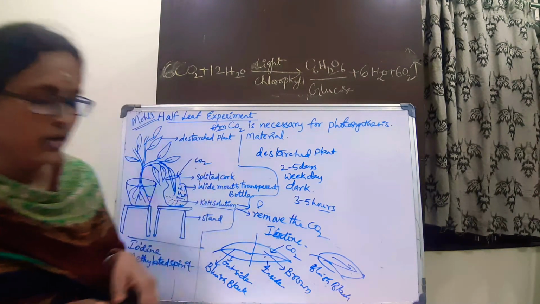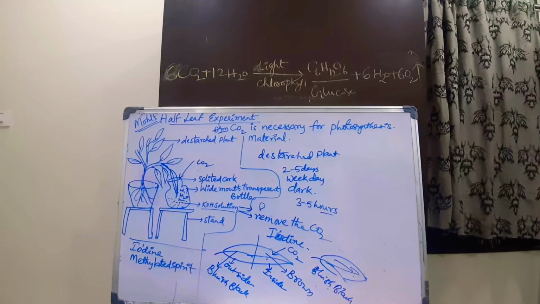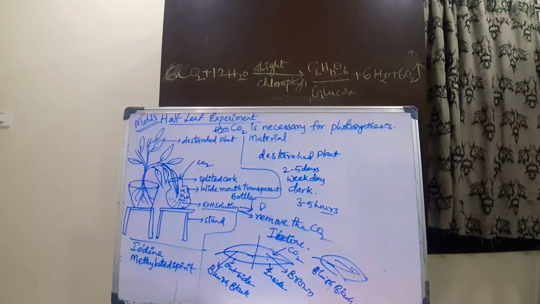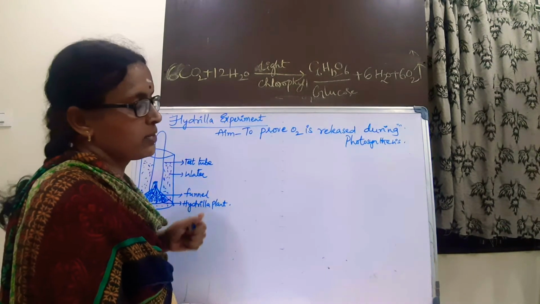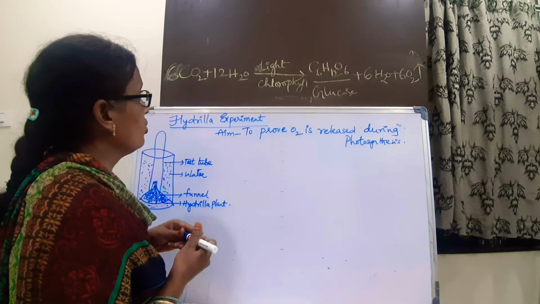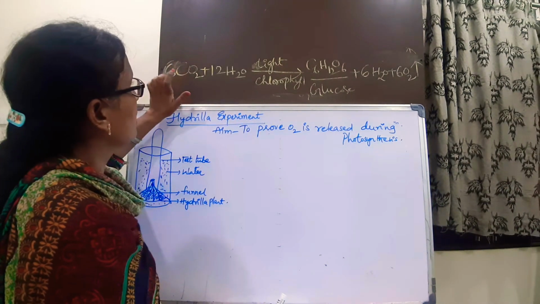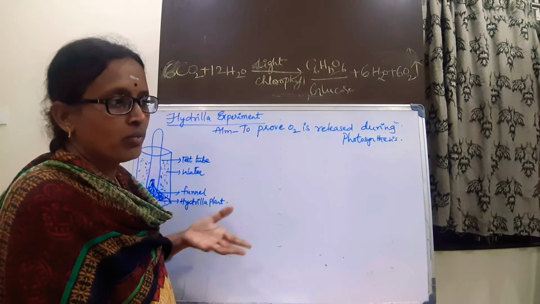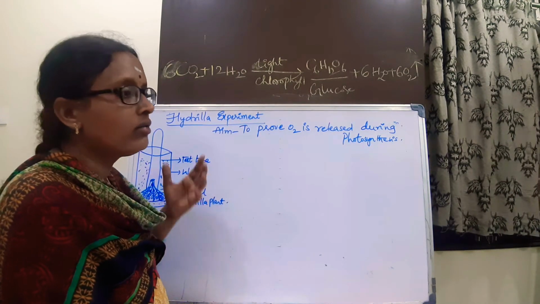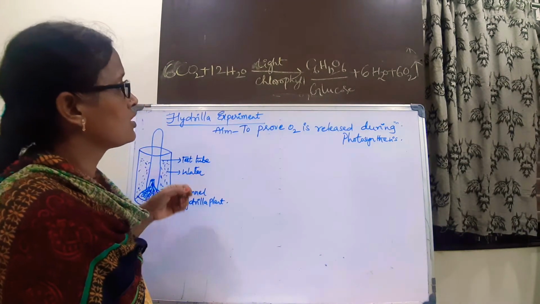So coming to our next experiment. Okay, the next experiment is the Hydrilla experiment. In the half leaf experiment we proved that carbon dioxide is necessary for formation of starch, or carbon dioxide is necessary for photosynthesis.